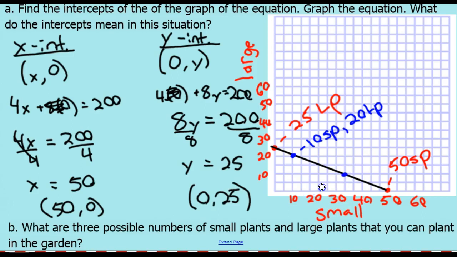So that would be about 35 small plants and 10 large plants. Maybe we could have another point here. So about 45 small plants and 5 large plants.